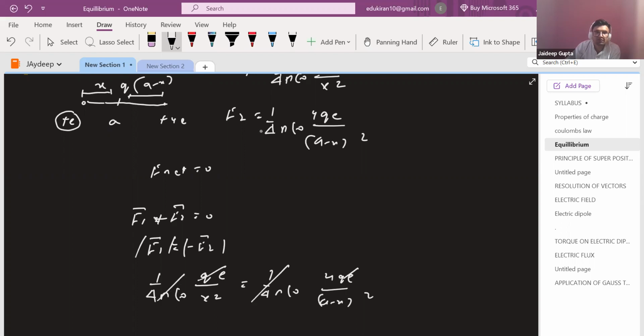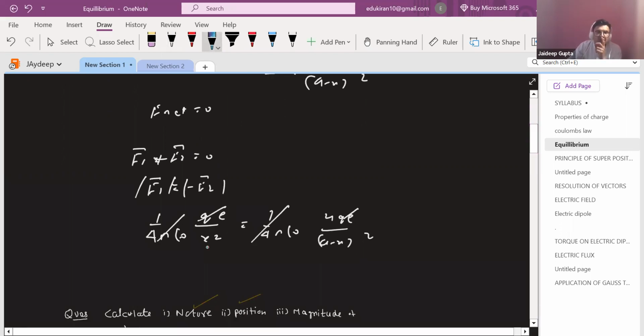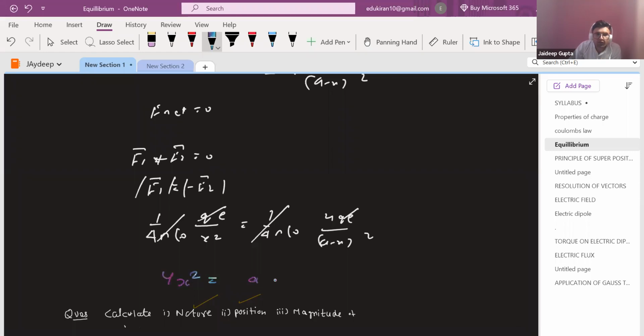So 4X square equals (A minus X) whole square.